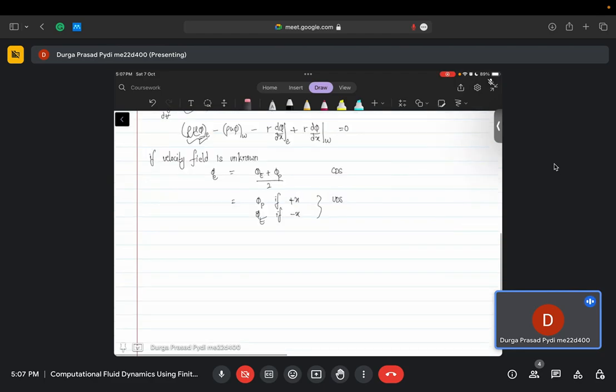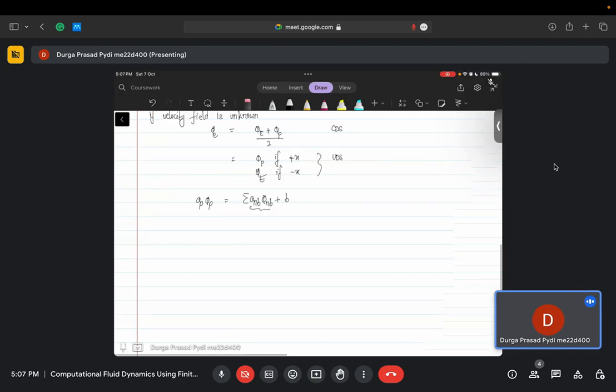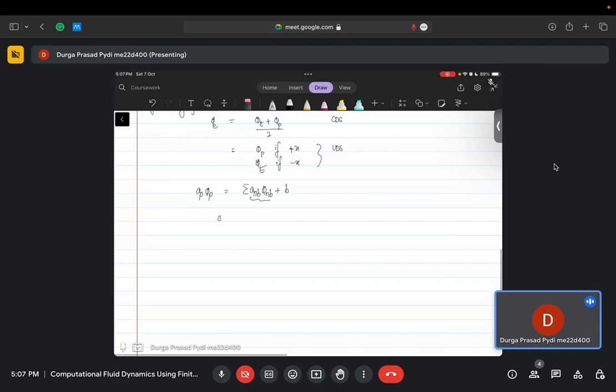So we have seen that when you write this equation in our standard form, ultimately we will come up with an equation of this form: AP phi P is sigma A NB phi NB plus B. When we write it into this particular form, the coefficient for A east will essentially have terms coming from diffusion as well as my convective terms.